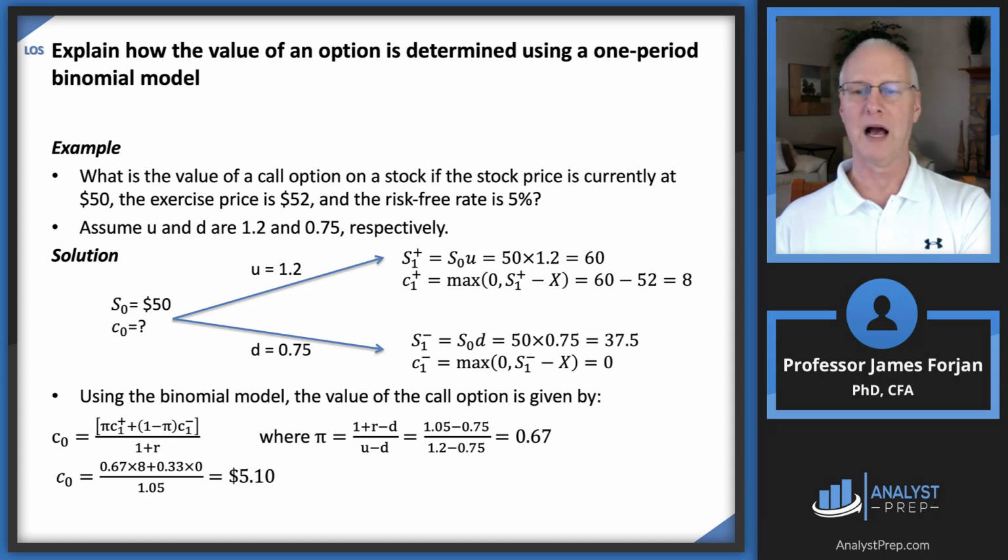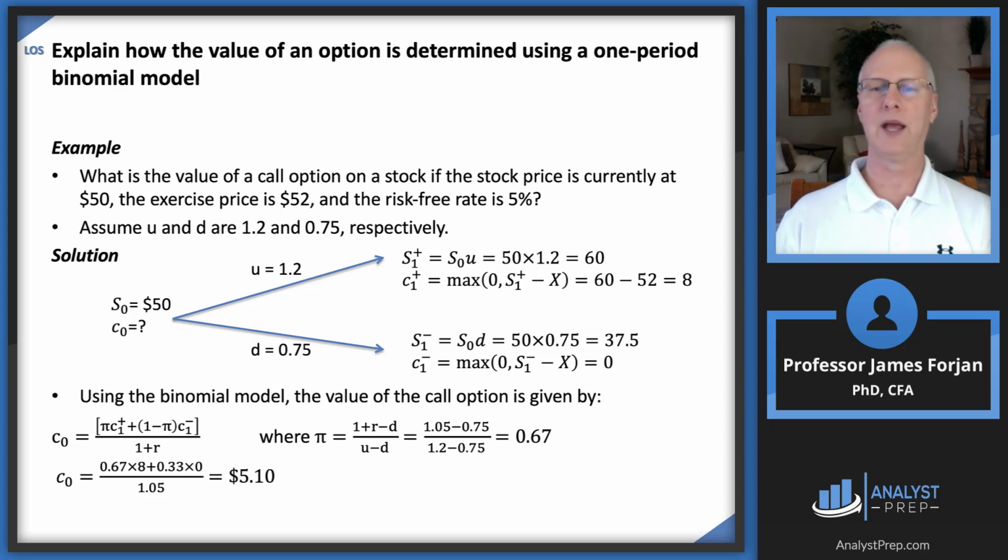So we multiply the uptick by 67%, and then we multiply the downtick by 33%, although when the call is worth 0 at expiration, it doesn't matter what you multiply it by, it's still going to be 0. So we're really taking the present value, we divide by 1.05, of a 67% chance of getting $8. So there's the call price, $5.10.